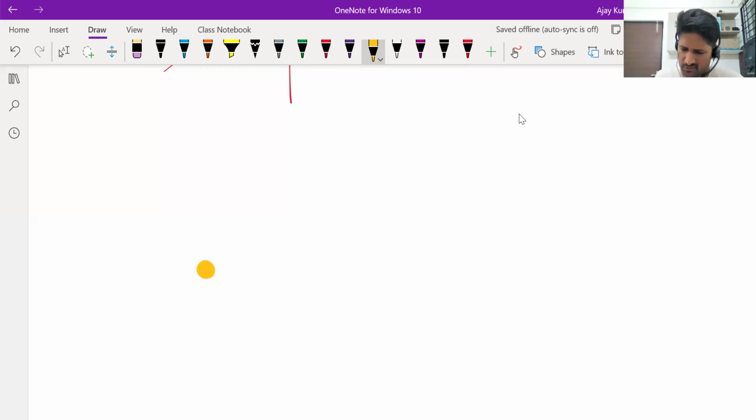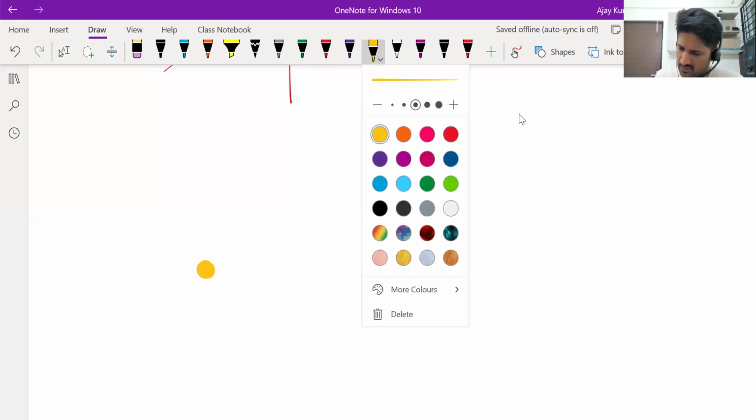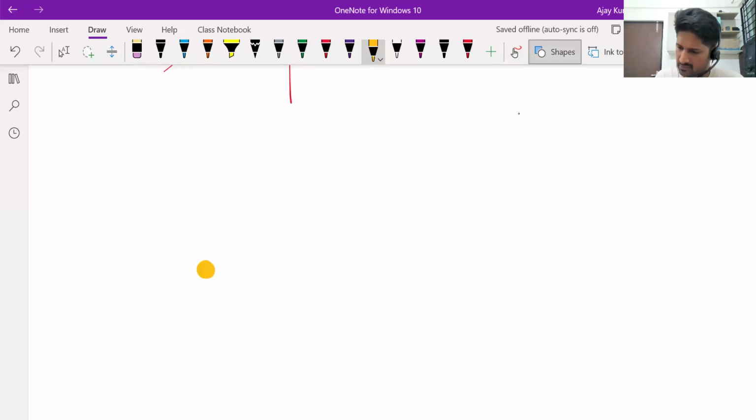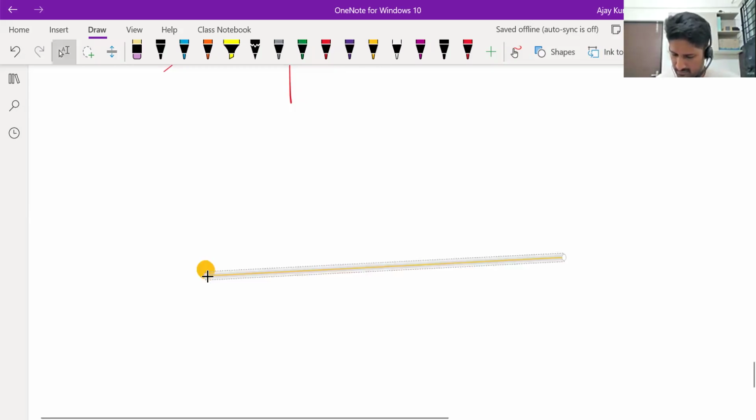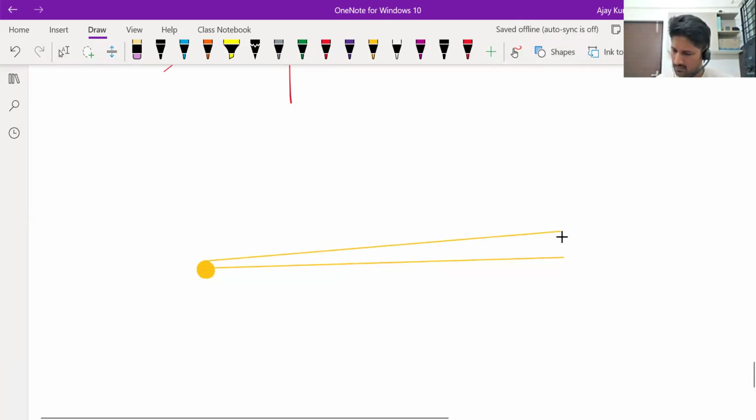You can think of it as a point source also, not an issue. Now it emits waves in every direction. One wave goes like this, one wave like this. In every possible direction, you will have waves.